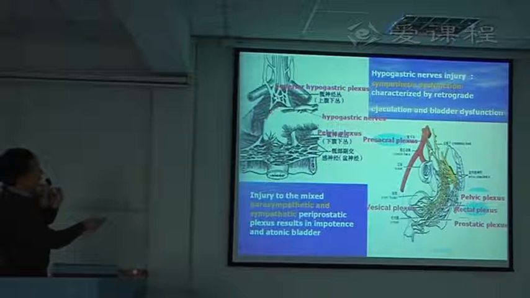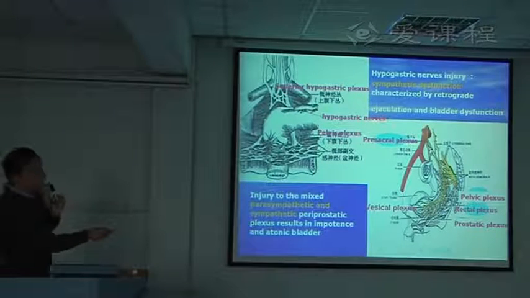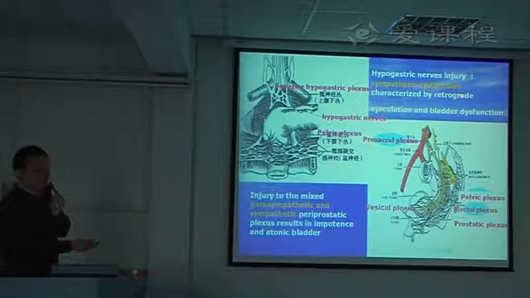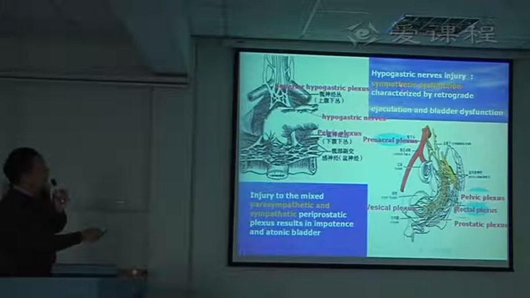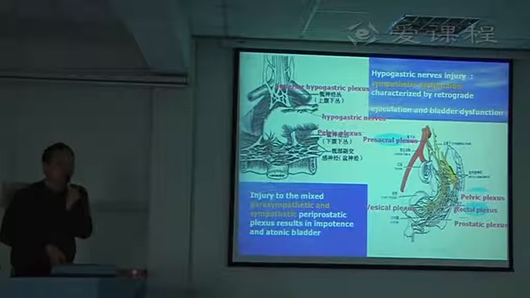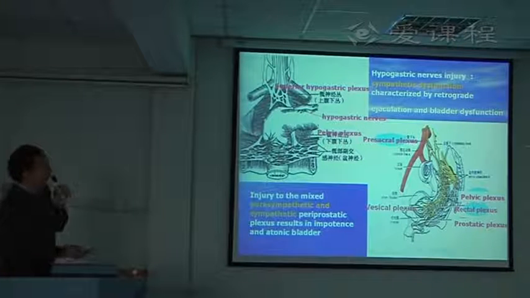This nerve is called the hypogastric nerve. If you injure this nerve during the operation, it will cause sympathetic dysfunction, so it will cause retrograde ejaculation. It's very important in male patients, and also bladder dysfunction.